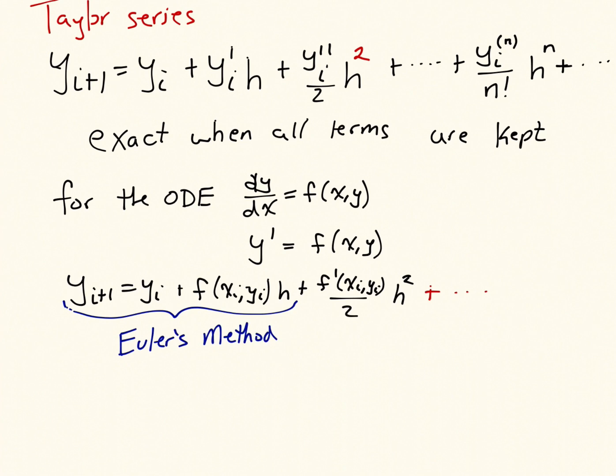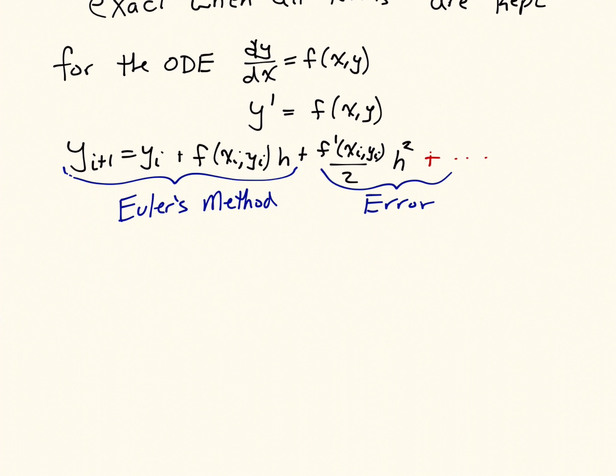Now, what about the other terms in this series that we've neglected? Well, those are our error terms. So everything over here is the error, and we now can quantify it. We can see that the error goes like this first error term.